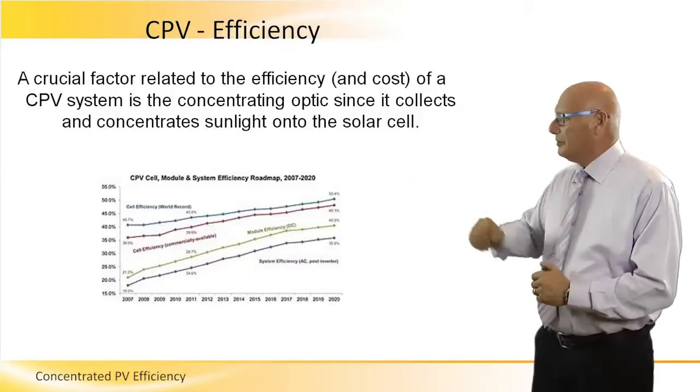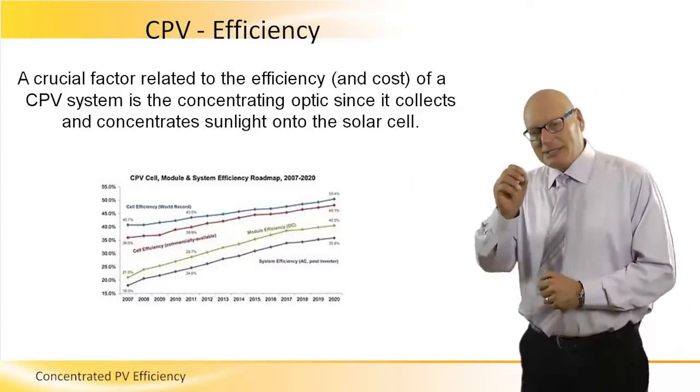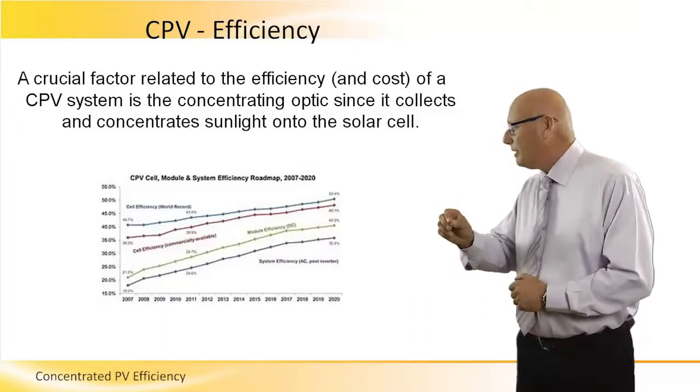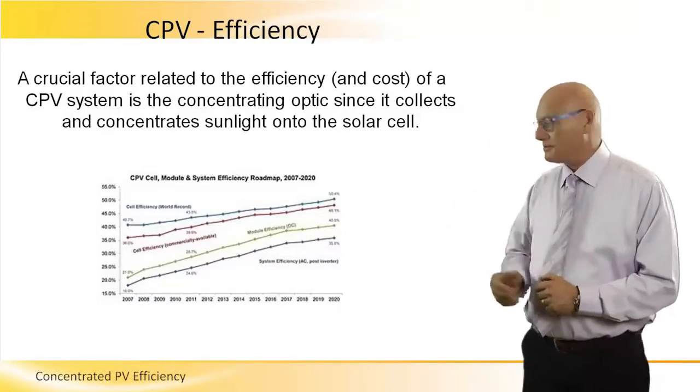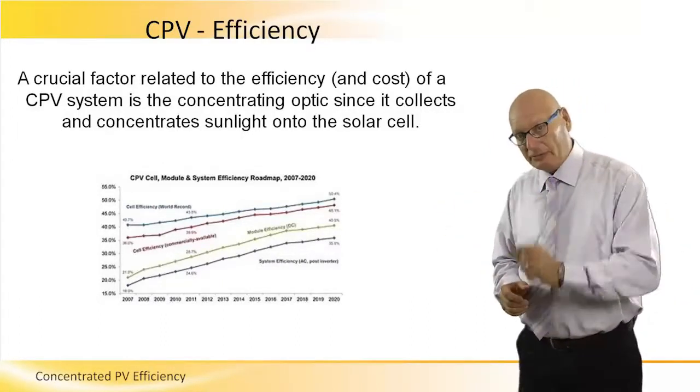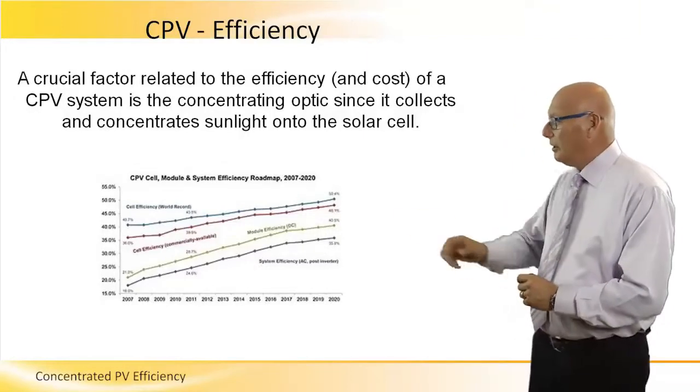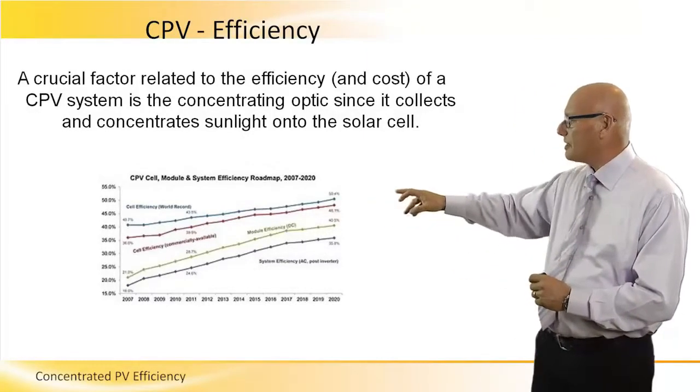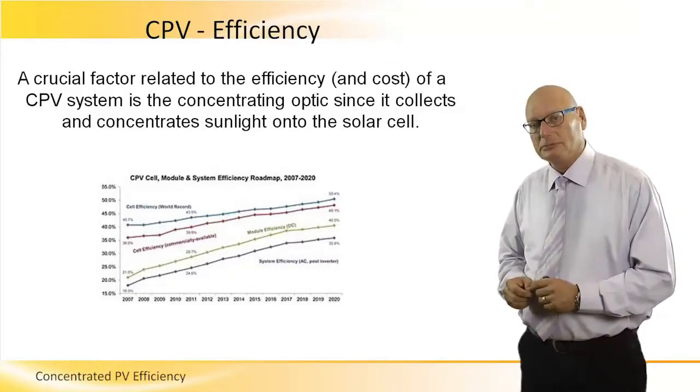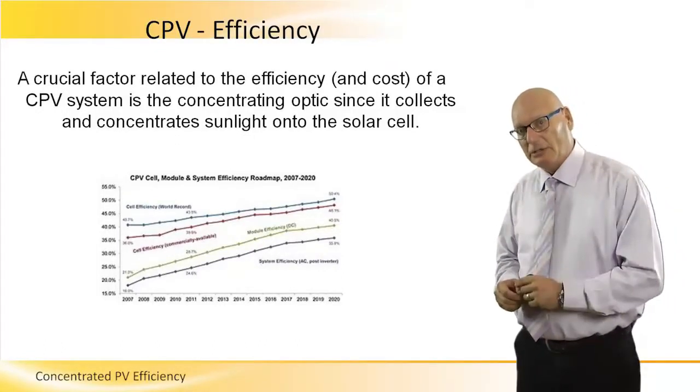The red graph is CPV cell efficiency in more commercially available systems on a cell level. It starts from 35 and goes up to about 45, still on a cell level.